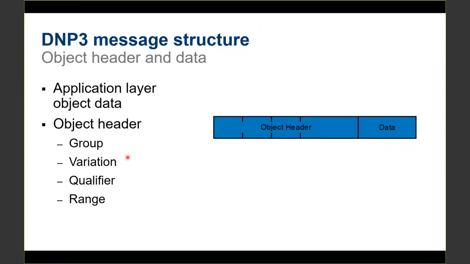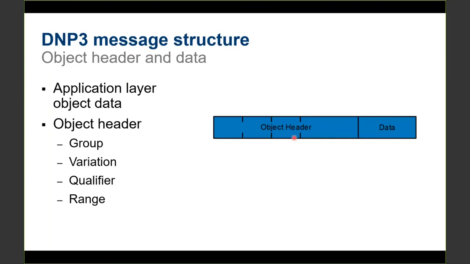The master station also defines the type of variation. For example, when the master station sends a request to the slave station to read analog inputs, object 30, the master station can define that it wants to read analog inputs with 16 bits, and the response from the relay should be with this 16-bit variation.